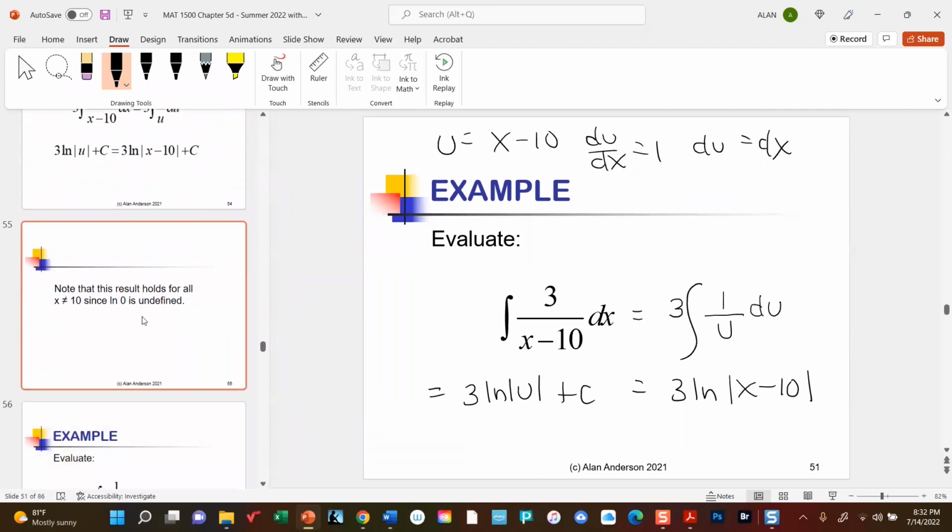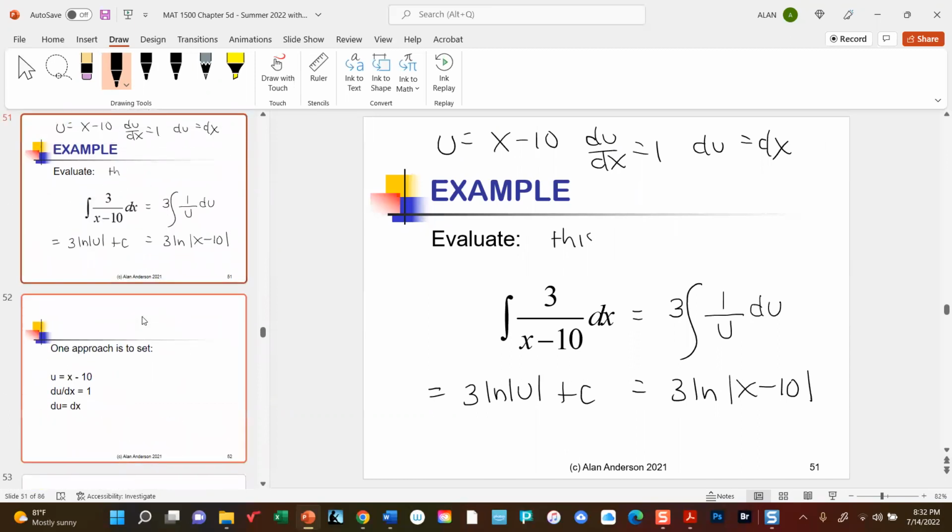Oh, but one thing we do have to watch out for here is that this works for all x other than 10. Yeah, once in a while we run into a case like this. As long as x is not 10, this will be fine.